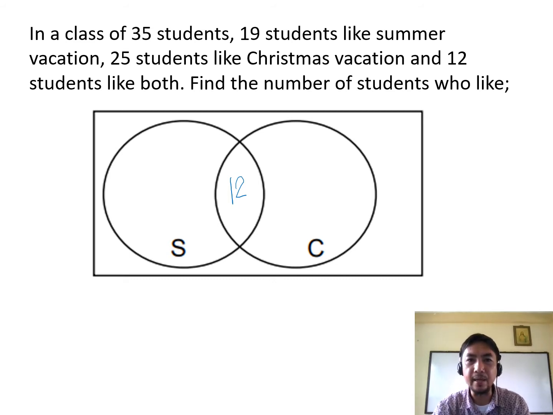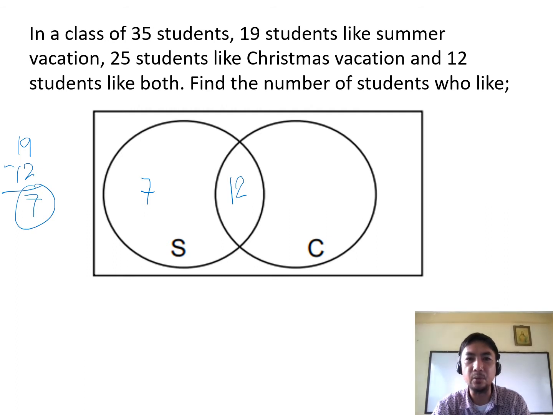Since 19 students like summer vacation at meron na tayong 12 dito sa summer vacation, ang gagawin natin is isosubtract natin ang 19 sa 12 and that would give you 7. That means 7 students like summer vacation only. Okay? Now, doon naman sa kabila, 25 students like Christmas vacation.